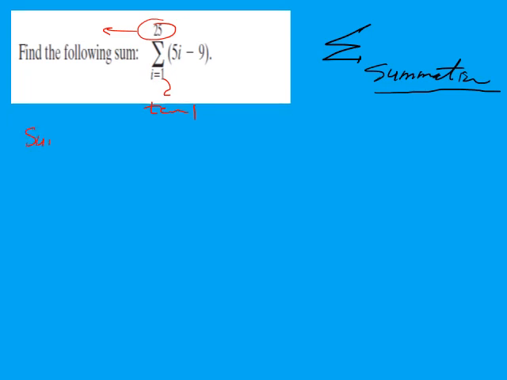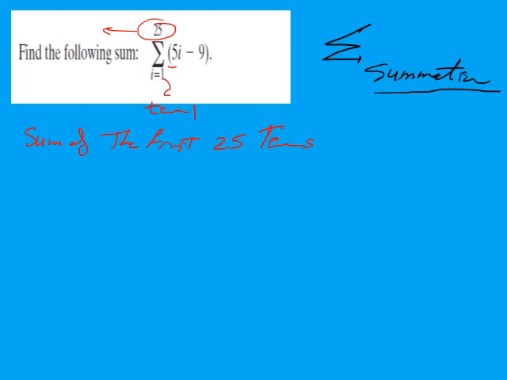Find the following sum, and as we know, this sign is called sigma, and it's for summation. Sigma for summation. So I want to find the sum of the first 25 terms, from term number 1 to term number 25. Where is the sequence?